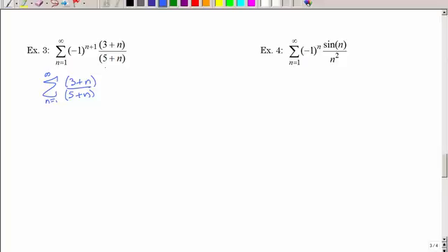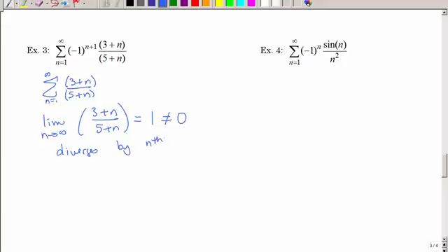Let's try the nth term test. How about the limit as n approaches infinity of 3 plus n over 5 plus n? That limit's 1, which is not 0. So this diverges by the nth term test.